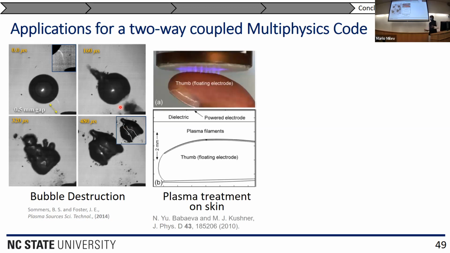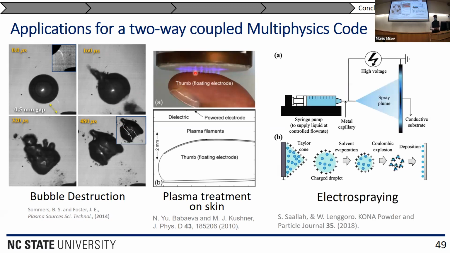Some more reasonable applications, rather than destroying bubbles, are seen in the medical field, and Dr. Stoppelman does a lot of this type of work as well, where we see highly asymmetric 3D discharges, say between an electrode and skin.